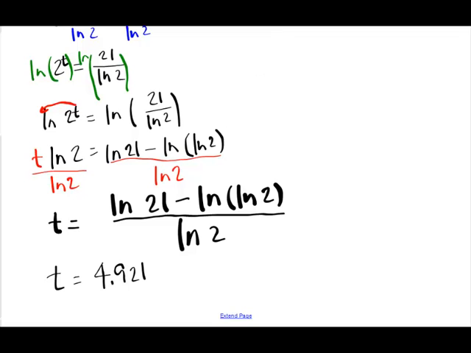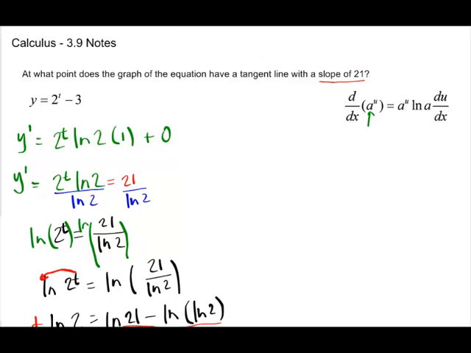Okay? So if I know that t is equal to 4.921, how do I find y? I just plug 4.921 in right here. And when you get done punching this guy into your calculator, you get y equals 27.297.